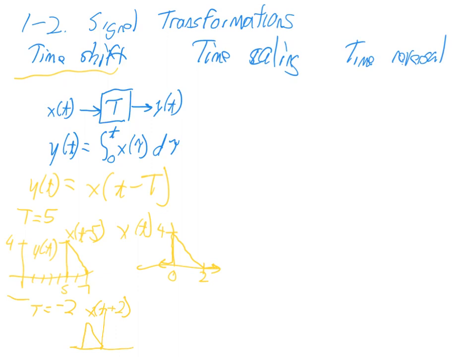So I'm making it come earlier. I'm making the output come before the input came. Now, in real life, we can't build a circuit that does that in real time, but mathematically we can write it. We can say the output comes before the input. So when I do a time shift, I am replacing the t variable with t minus the delay. So that's our first example.